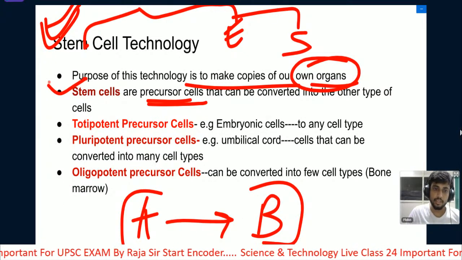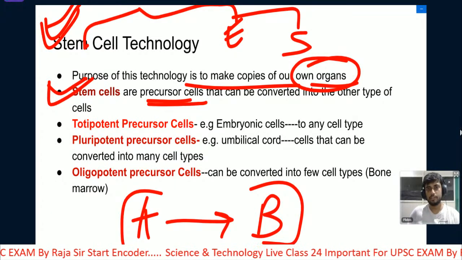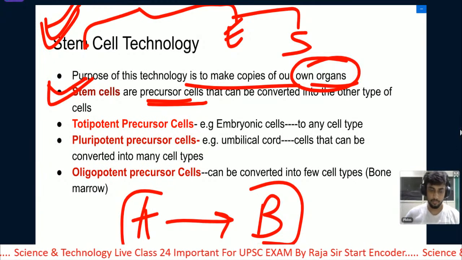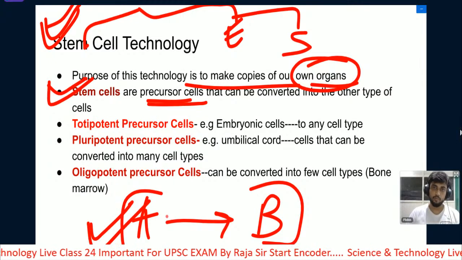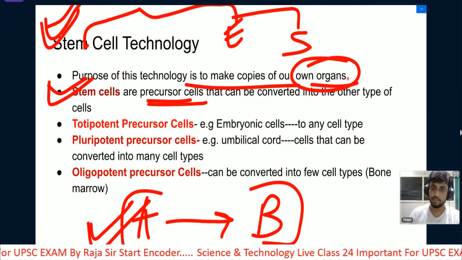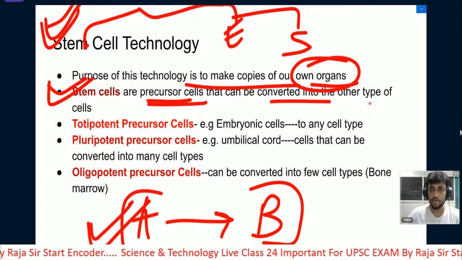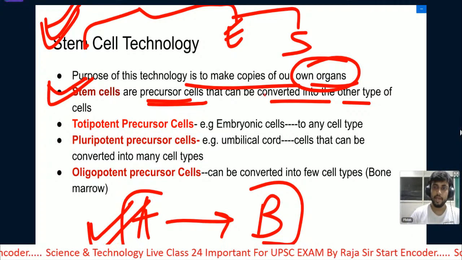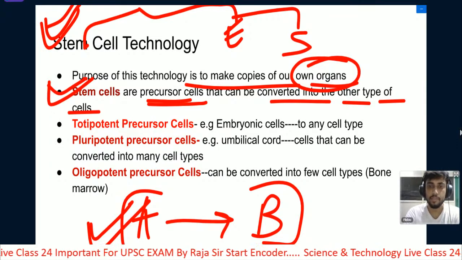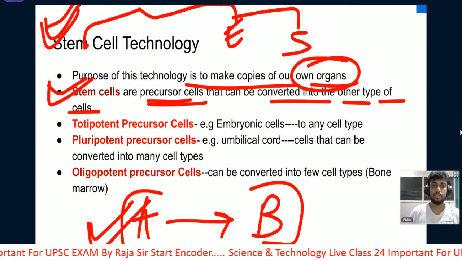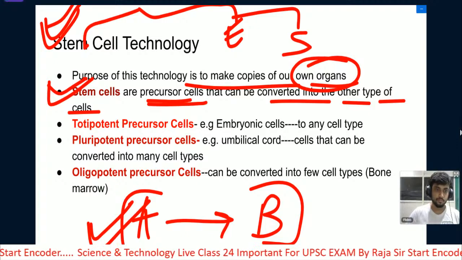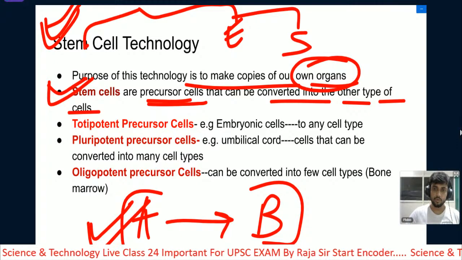Remember this: A is changing its form to B. So all those cells which can change their form are the precursor cells, and the stem cells are precursor cells, because these stem cells can be converted into other types of cells. Yes, Kritika, stem cells are natural.